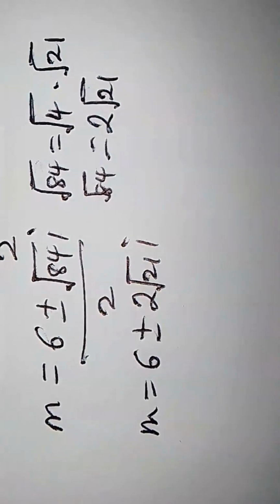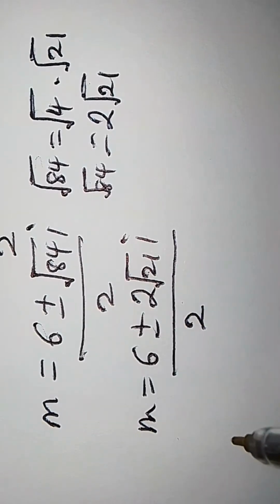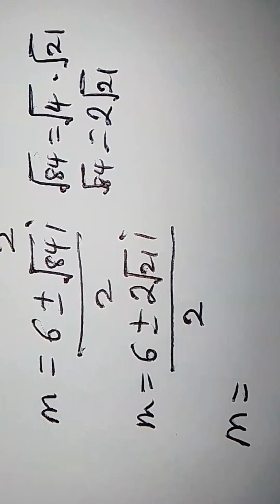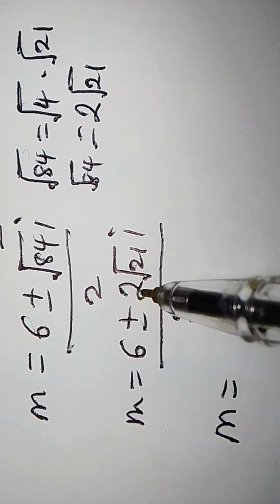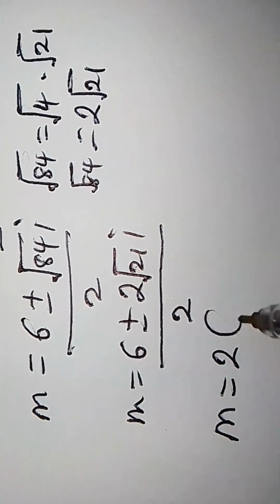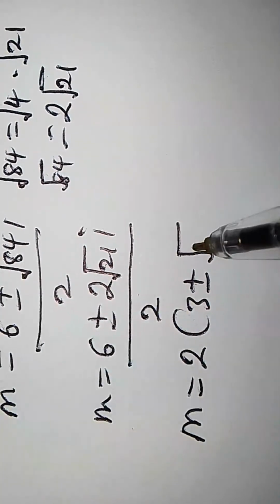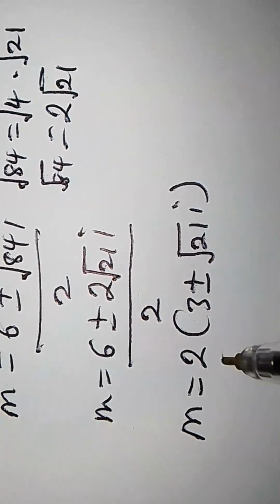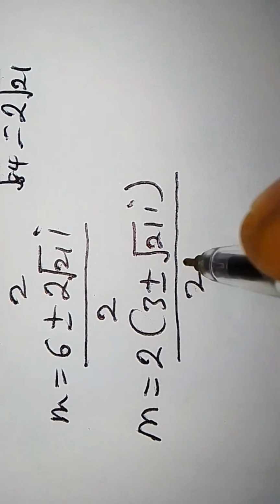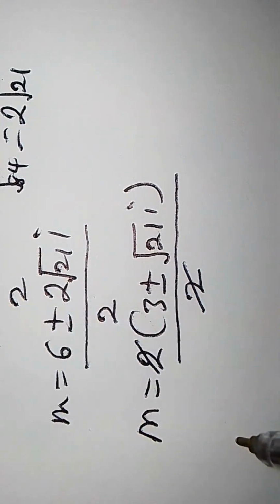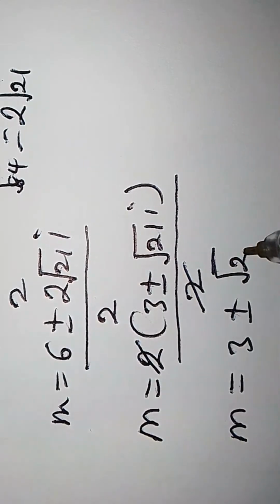Let's proceed further, all divided by 2. So m equal to, it is very possible to factor out 2 from this numerator. So we have 2 into 3 plus or minus square root of 21 i divided by 2. Clearly, 2 cancels 2. We are left with m equal to 3 plus or minus square root of 21 i.